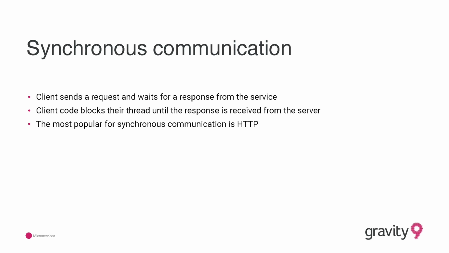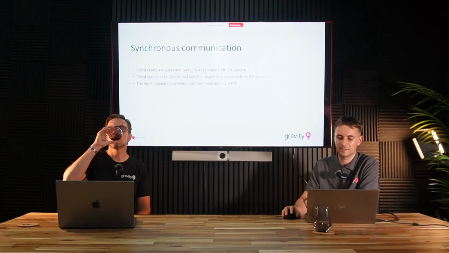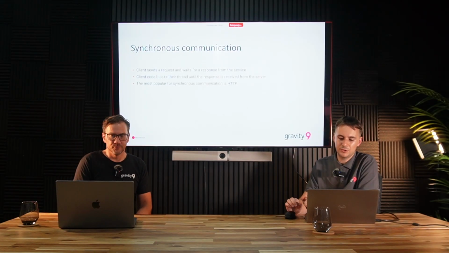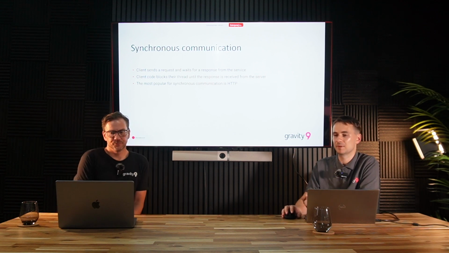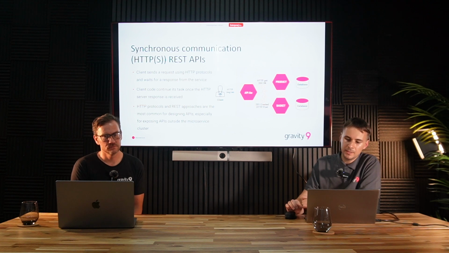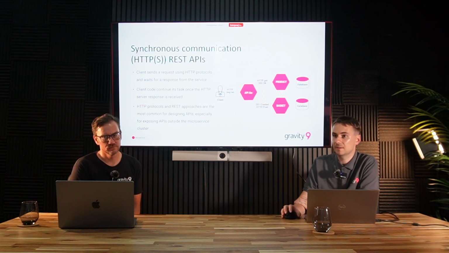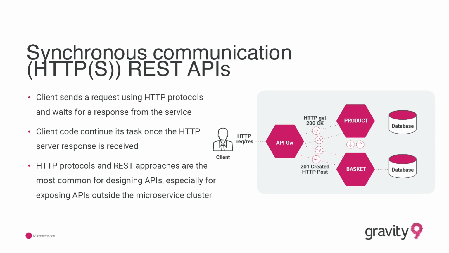The client code blocks the execution thread, waiting for the response when the information is returned from the server. So this method ensures that the client receives a complete and timely response before proceeding with other tasks. A common example of service-to-service communication is using REST API in a synchronous manner.